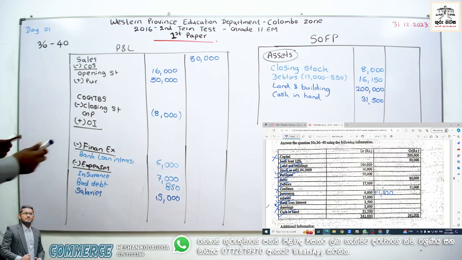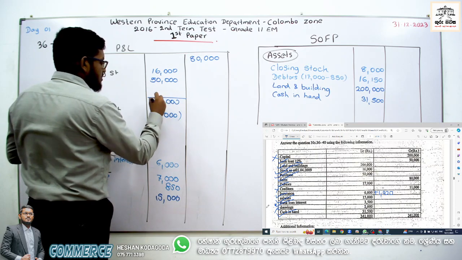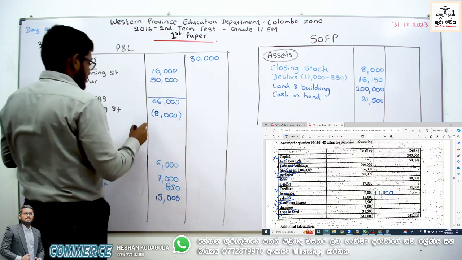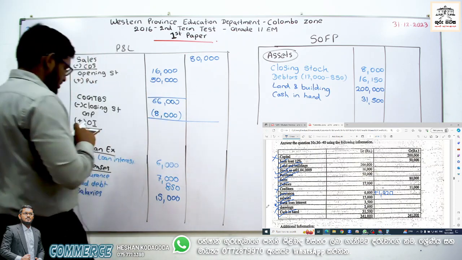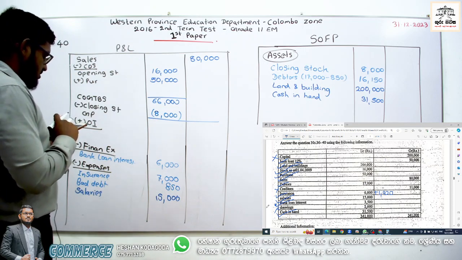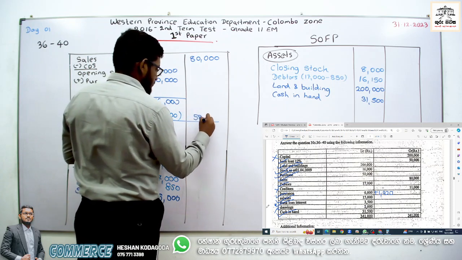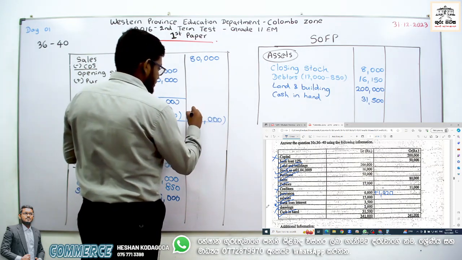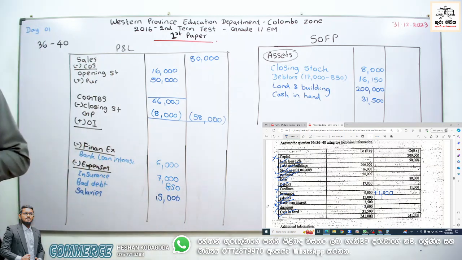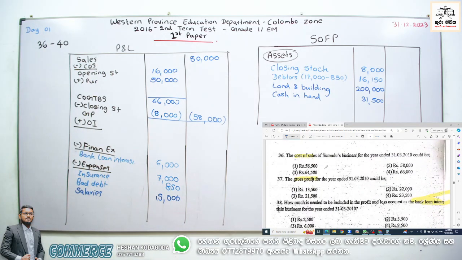So when it comes to cost of goods to be sold, you know it's rupees 66,000. When we deduct 66,000 minus 8,000, which means it's rupees 58,000. So this is the cost of sales. I think it's for the answer of cost of sales.